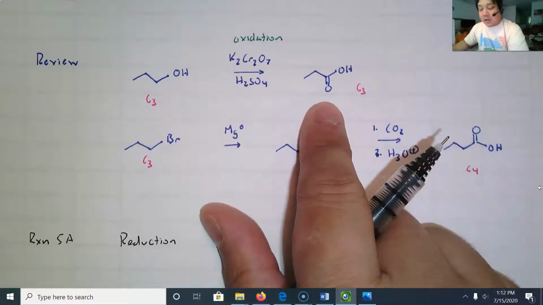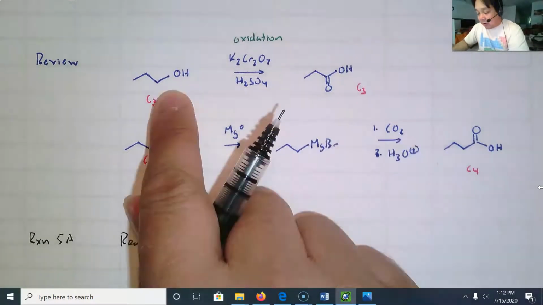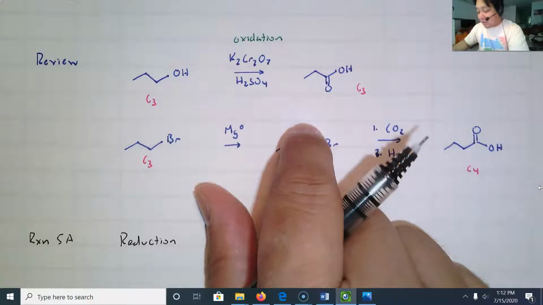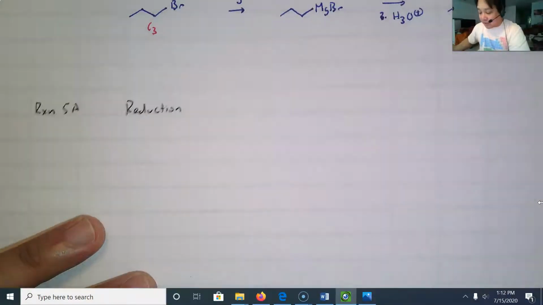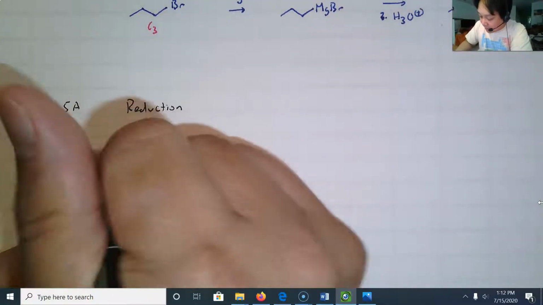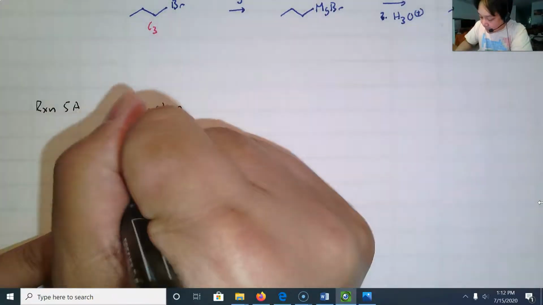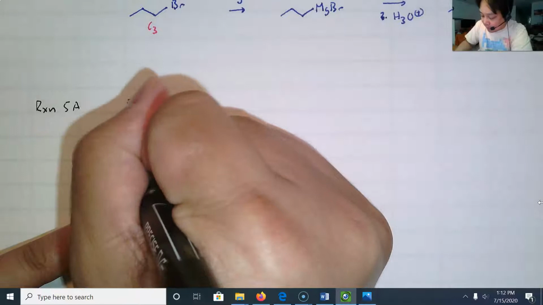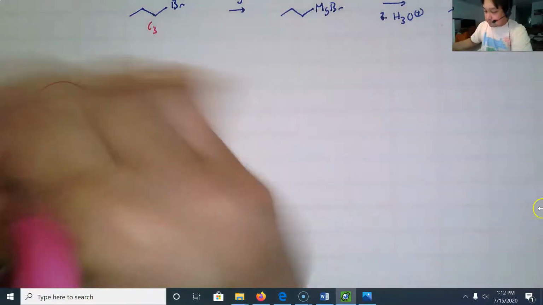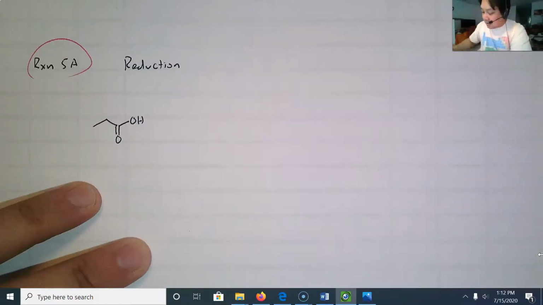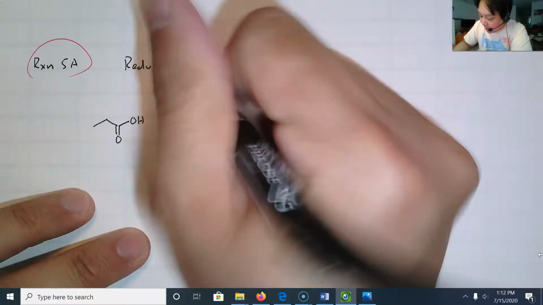We're able to get an alcohol from an aldehyde and ketone, but what about a carboxylic acid? We need a strong reducing agent, and the reducing agent of choice is going to be lithium aluminum hydride. You want to do this in separate reactions.